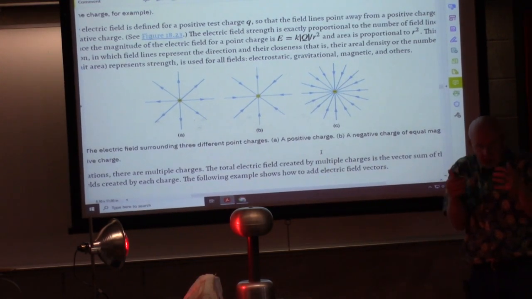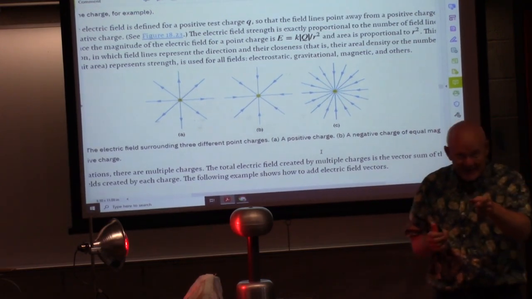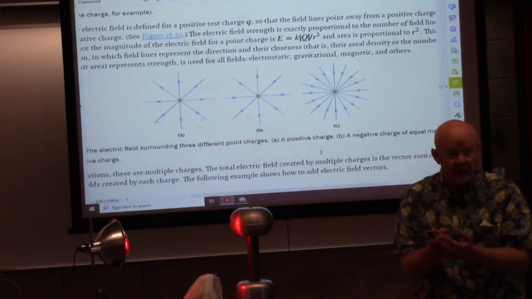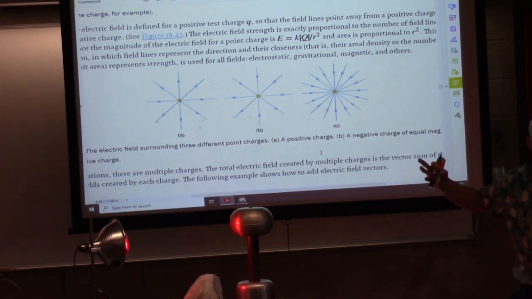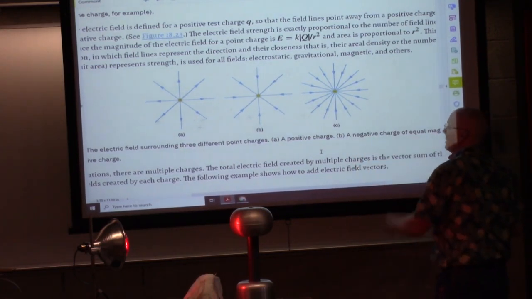And so the fact that the lines are close together as you get close to that negative charge is an indication in the picture that we're saying the field is really strong as you get close to the negative. And as you get away back, it's weaker. That's what this picture is trying to say.